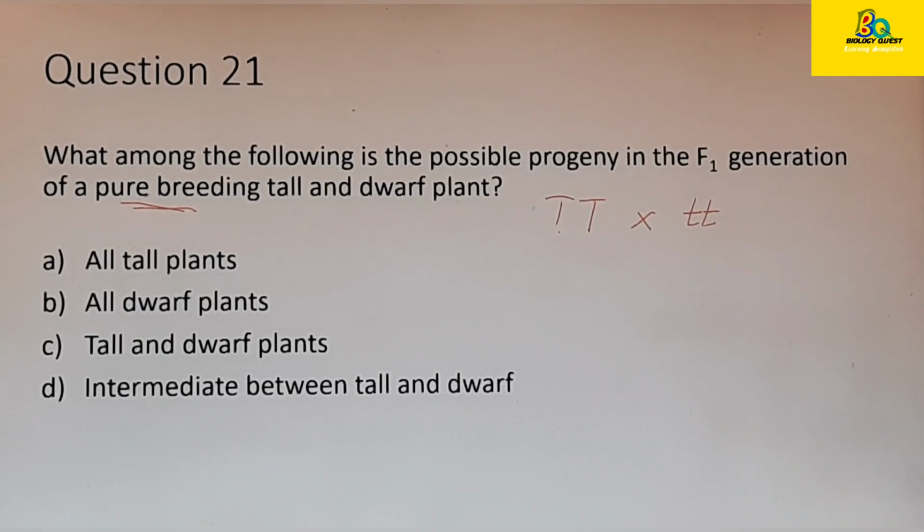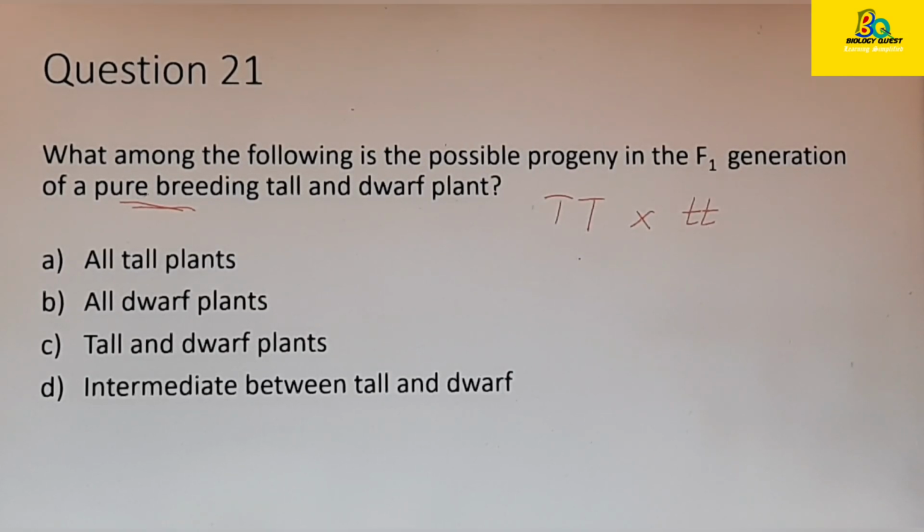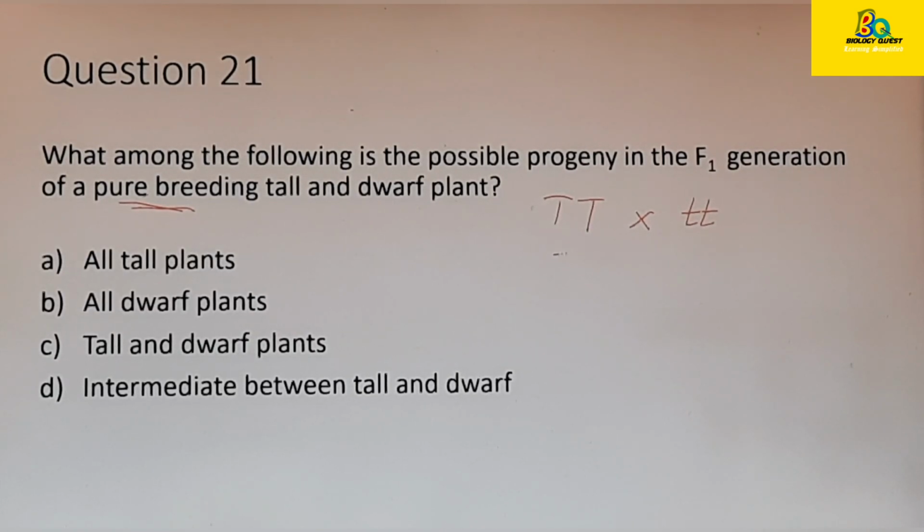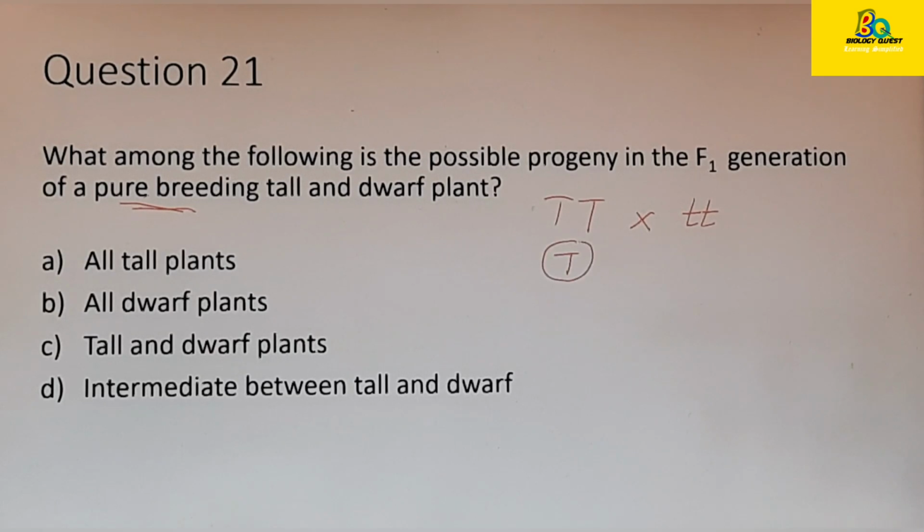That is why we are writing small t as the genotype. So the pure breeding tall plant will have the genotype capital T, capital T, and the dwarf plant will have the genotype small t, small t. What are the gametes produced by the tall plant? All the gametes produced will have capital T. What about the dwarf plant? All the gametes produced will have small t.